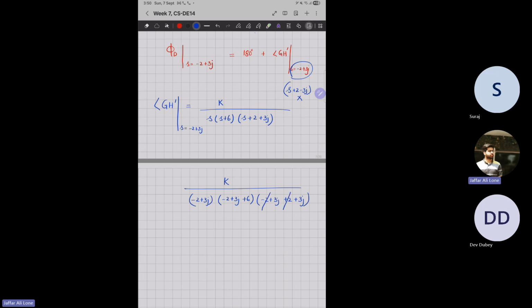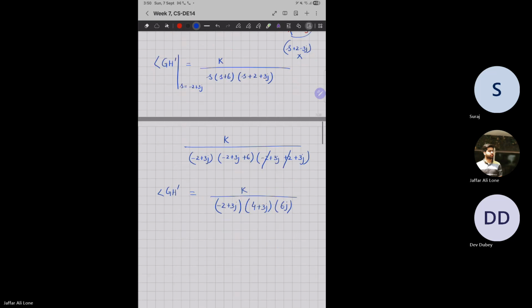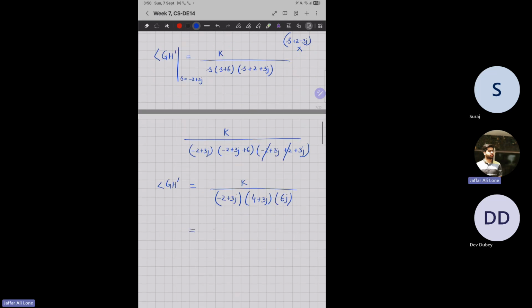This 2 and this 2 go. So the angle of GH dash is K divided by minus 2 plus 3j into 6 minus 2, which is 4, plus 3j into 3j plus 3j, which is 6j. Now let's find the angle. The angle is given by 0 for the numerator, minus for the denominator.